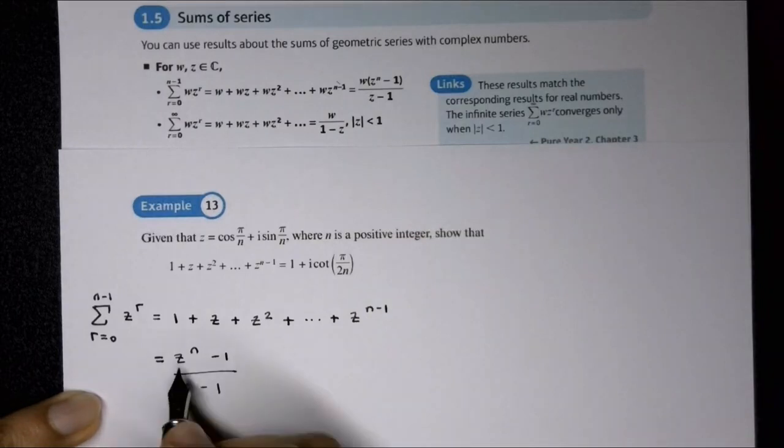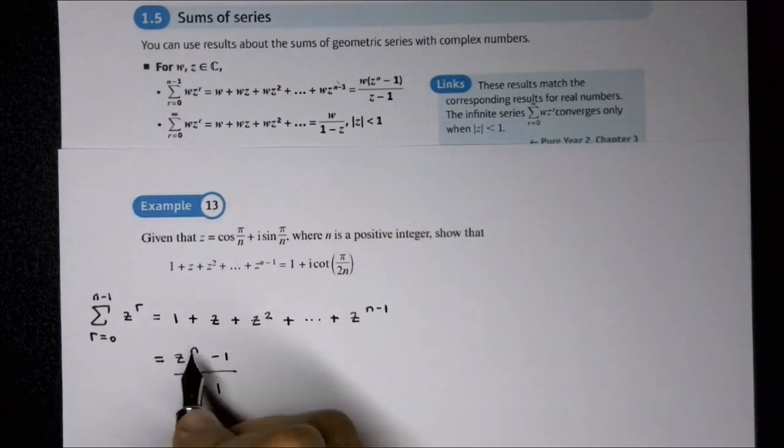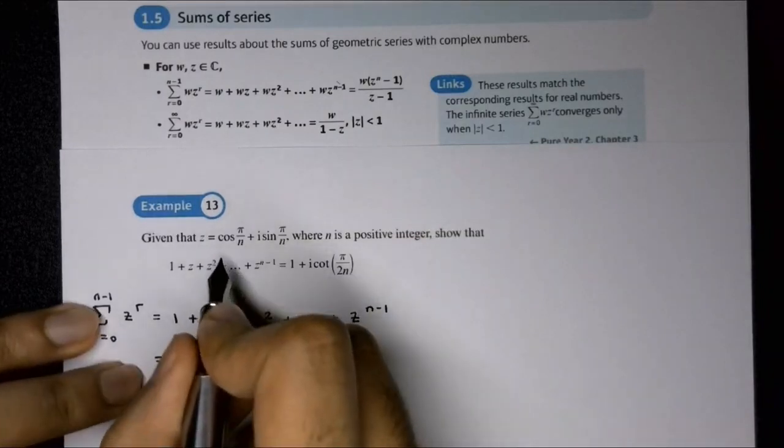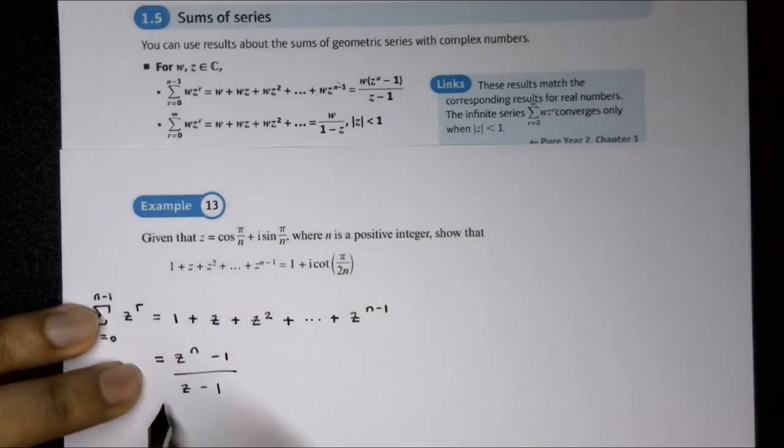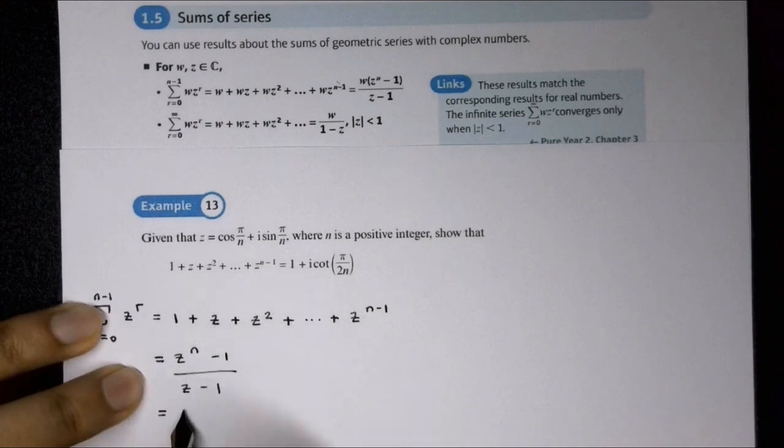So what we can do first of all is replace the z with what we have over here. So if we do that, z to the n, we have z which is equal to cos of pi over n plus i sine of pi over n.